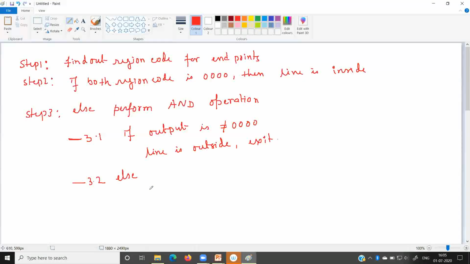We have to find the intersection. So what we can write? We can write: find the intersection of the line with the boundary line of the clip window.